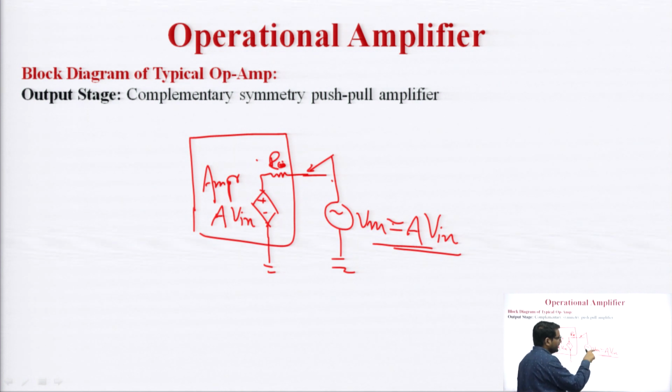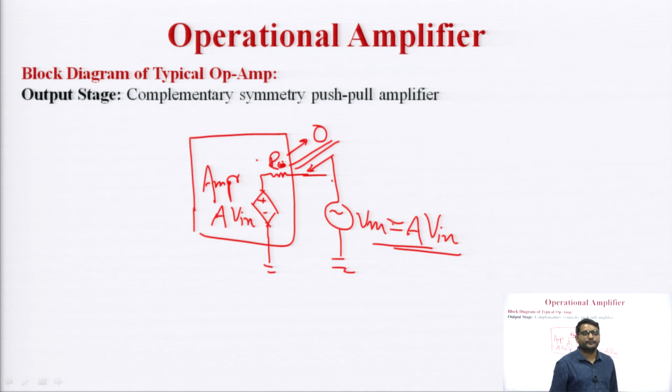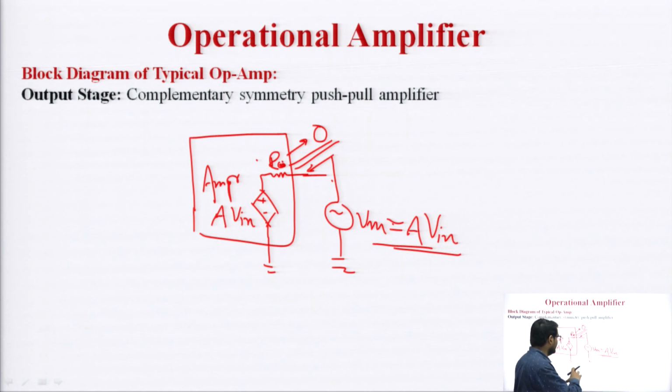It is possible when RO is 0. If RO is 0, we find the ideal amplification of the voltage, that is, VM equal to AV in. And if RO is 0, it also neglects the loading effect. Okay.